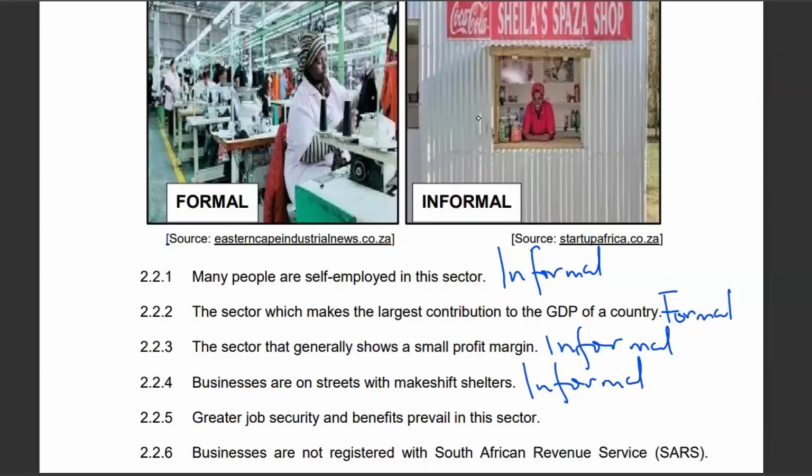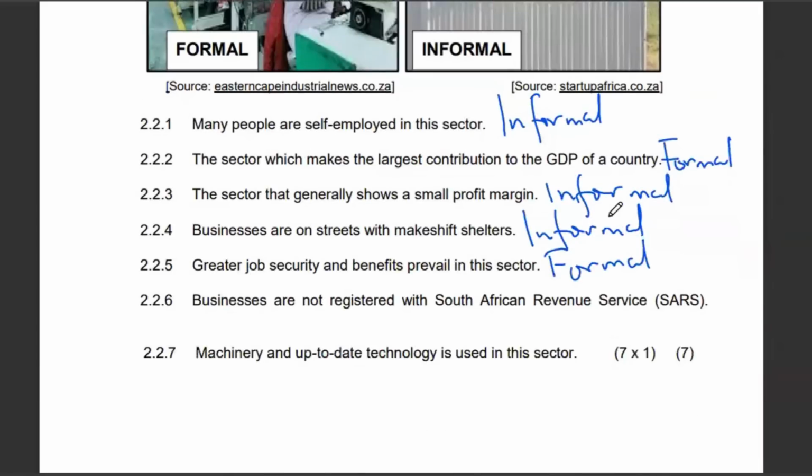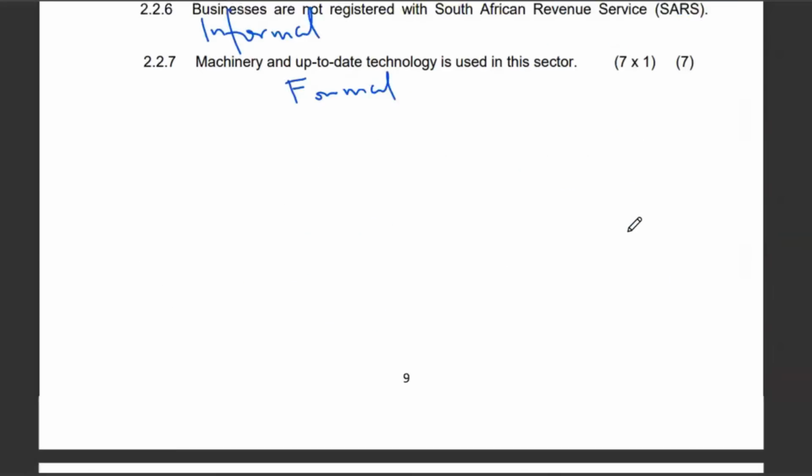Greater job security and benefits prevail in this sector, that is the formal sector. Businesses not registered with the South African Revenue Service, like what we mentioned, it's informal. Then the last one, machinery and up-to-date technology is used in this sector, we can only get that in the formal sector. Right, that is number 2.2.